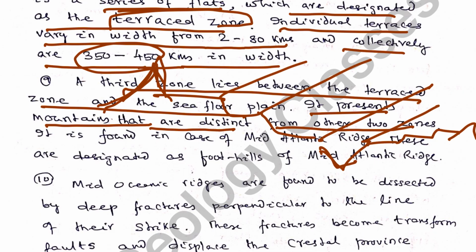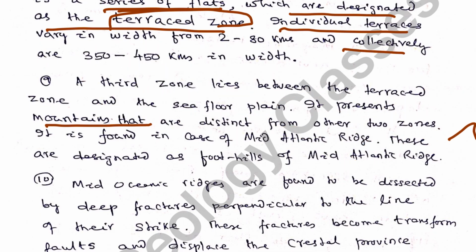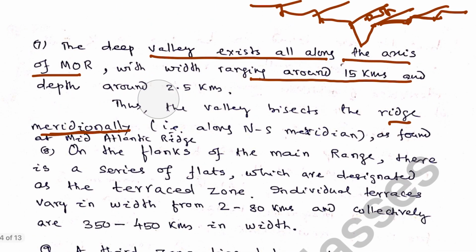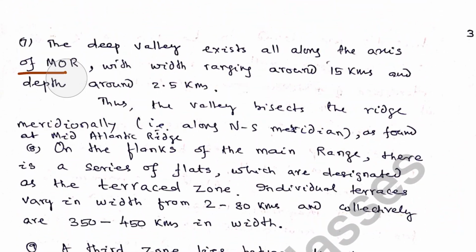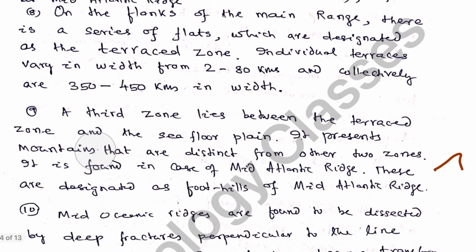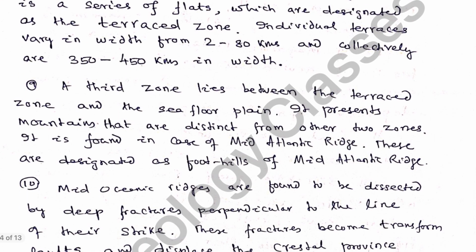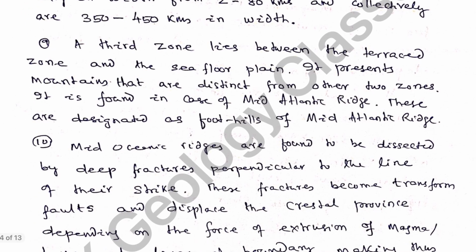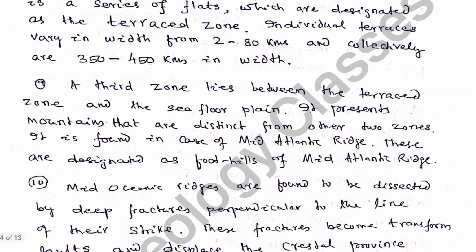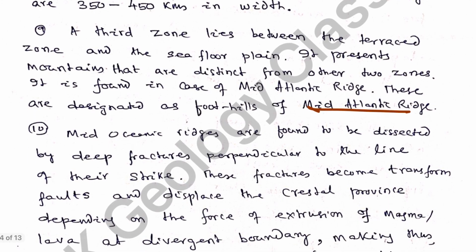In this manner, the mid-ocean ridges present their structure: a central rift valley surrounded by the flats, which are followed by the mountainous part that merges with the sea basins. And this typical structure is found in the case of the mid-Atlantic ridge.